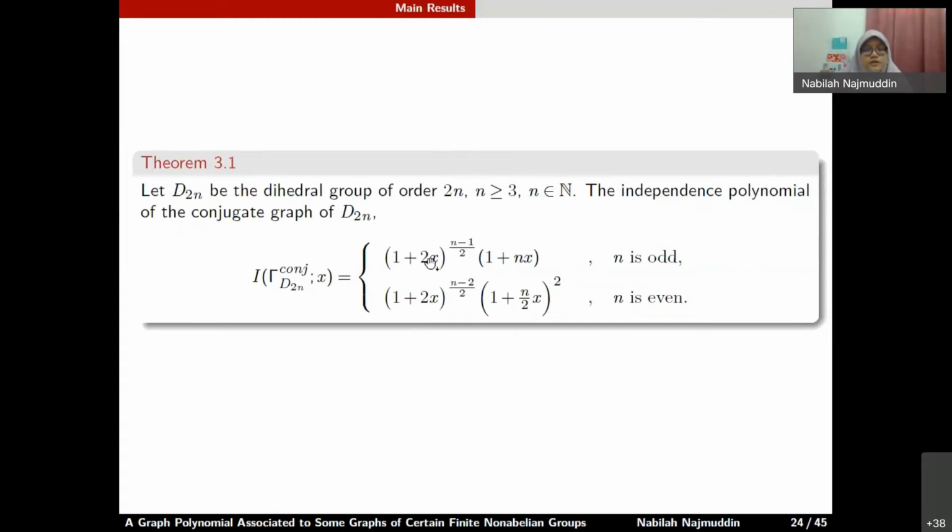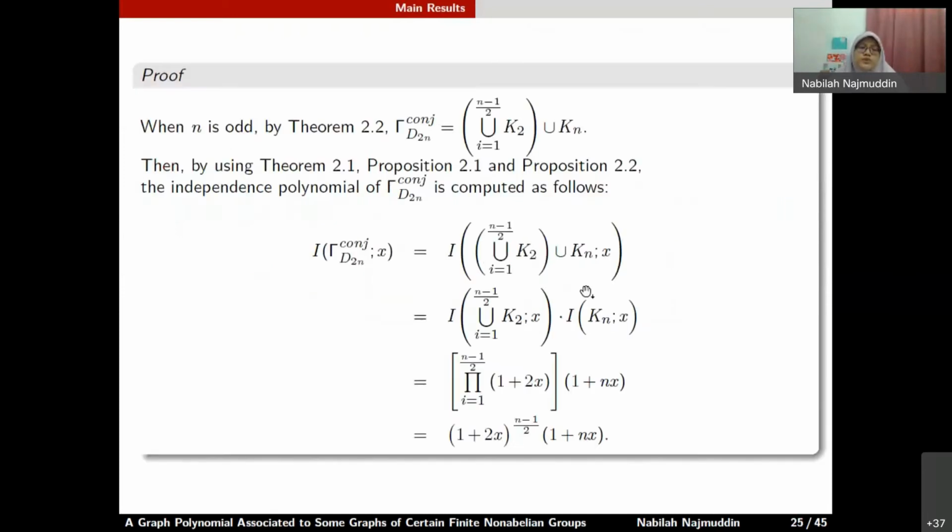From this polynomial, by definition, the degree of the polynomial, meaning the biggest power of x, is the independence number. Hence, we know that when n is odd, the independence number is actually n plus 1 over 2, and this one is n plus 2 over 2.